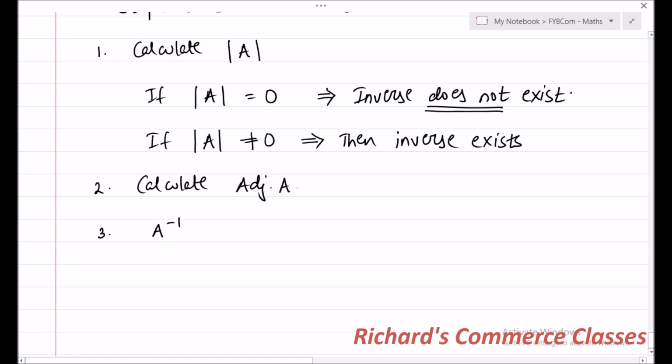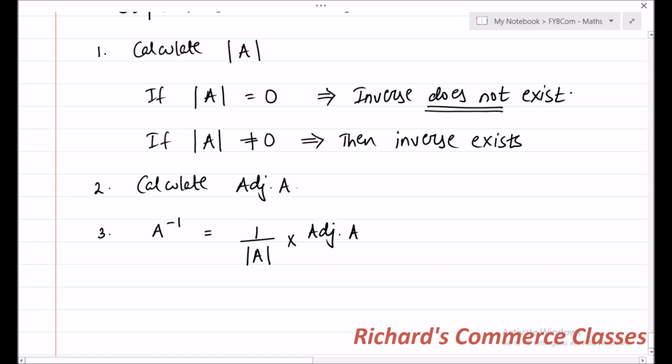And there is a specific formula for calculating the inverse of a matrix. So in our case, A raised to minus 1 will be equal to 1 upon determinant of A into adjoint of A. If you apply these 3 steps, the third step will give you the inverse of a matrix.